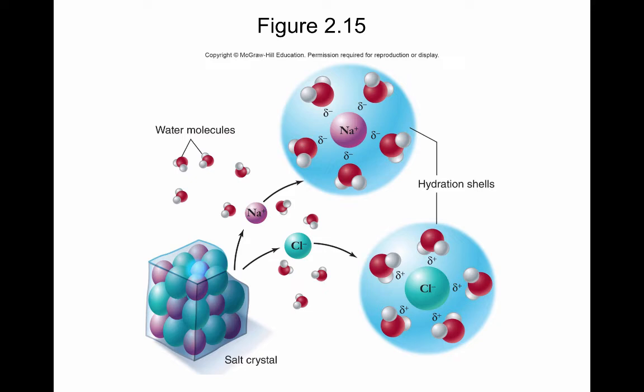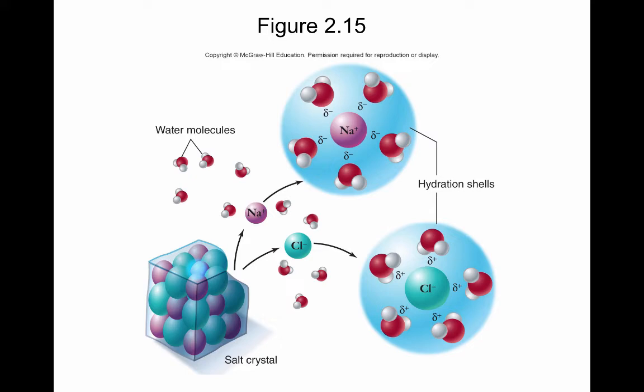Well, when you put that salt crystal into water, the water molecules attack it, if you will, and surround each ion with a hydration shell. That's what we call that, a hydration shell. So water molecules basically isolate each ion and separate them, and that's how they end up dissolving material.